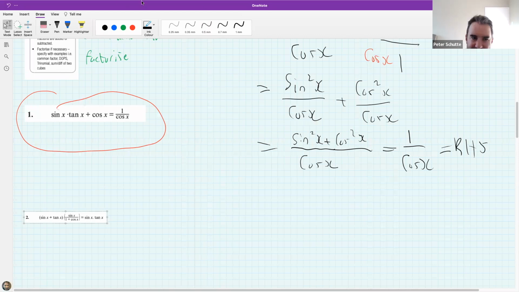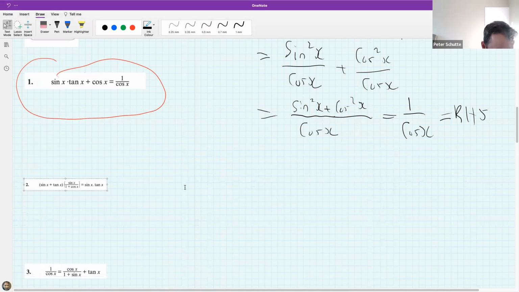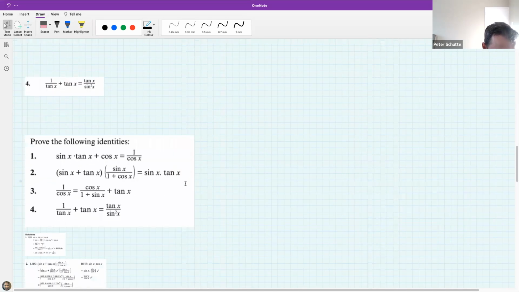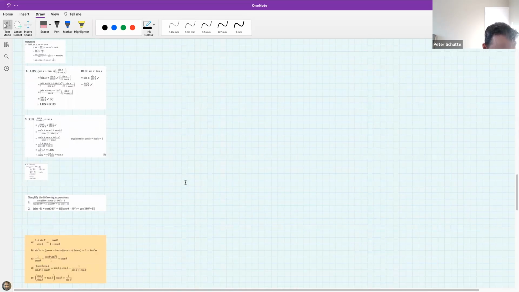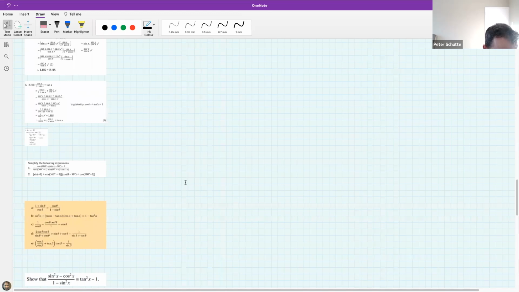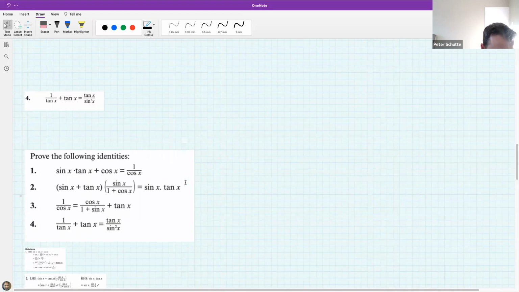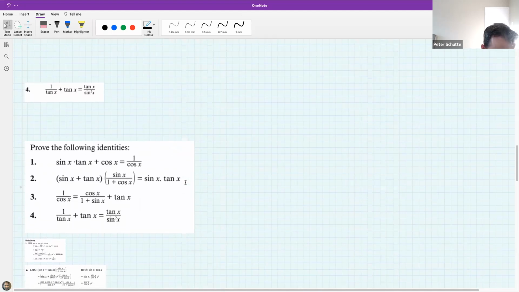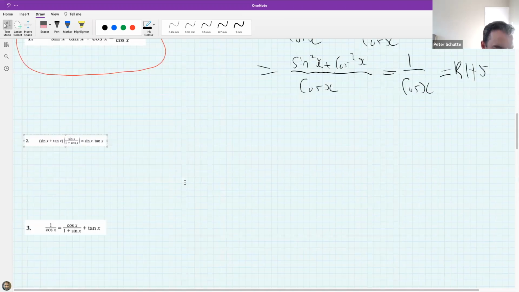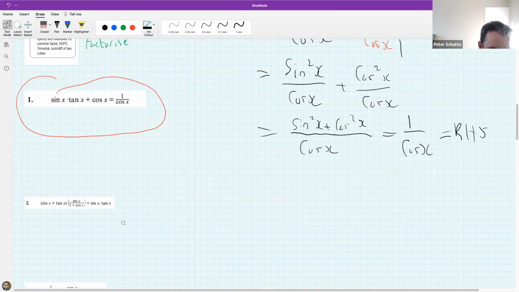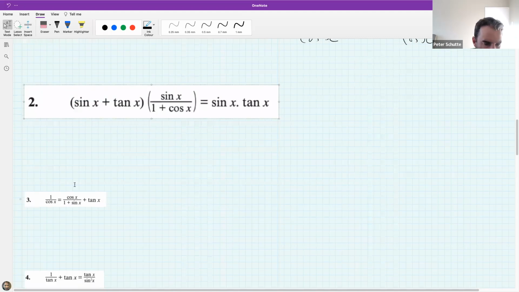Let me see if I can find the right type of question for this. Not that one, not that one. Okay, this is going to be a bit of a tricky one, but we're going to try to end with this one, and I'm sure together as a group we can do it.